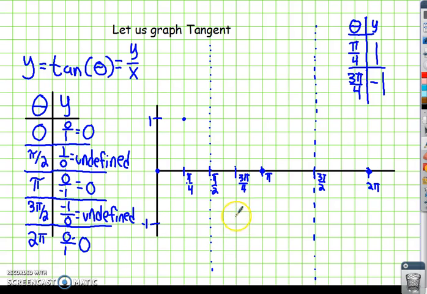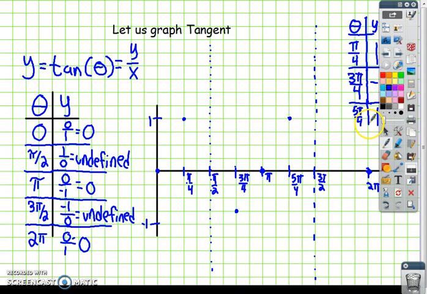And you see what's happening here. We'll go 5 pi over 4 just to get you a good look. They're both negative, so that gets me a positive 1. At this point, the game is afoot. And I can graph this. I'm going to play connect the dots.